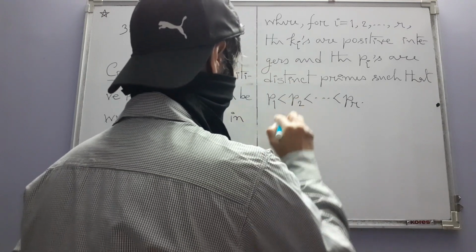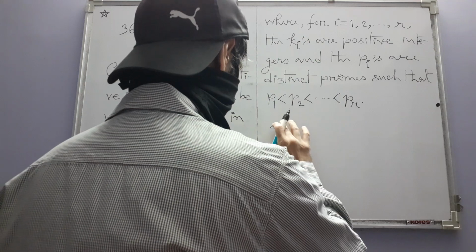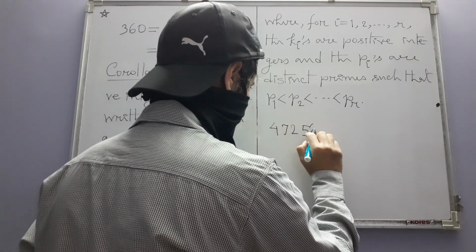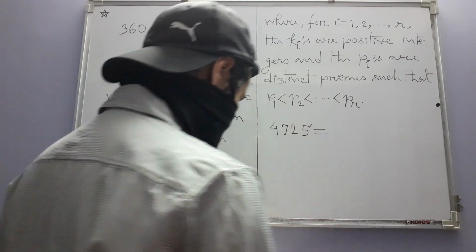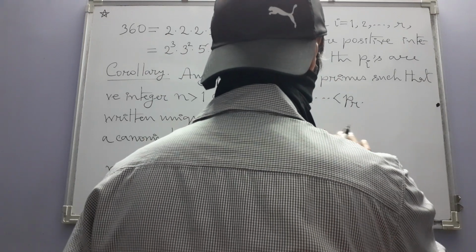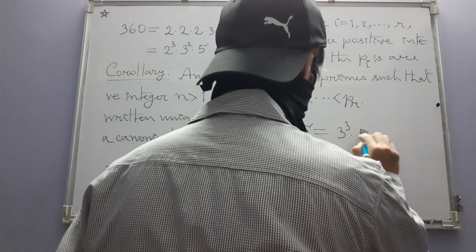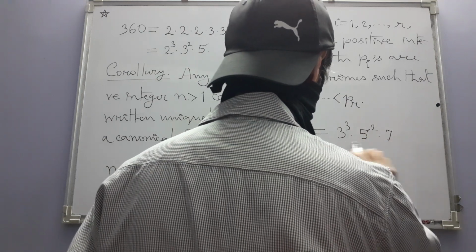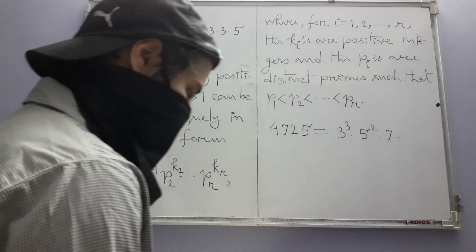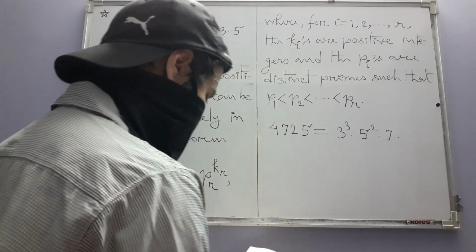Two others have been given in the text. 4725 has this canonical factorization, three cube times 5 square times 7, and another number is given which unfortunately is wrong. It's a printing mistake.